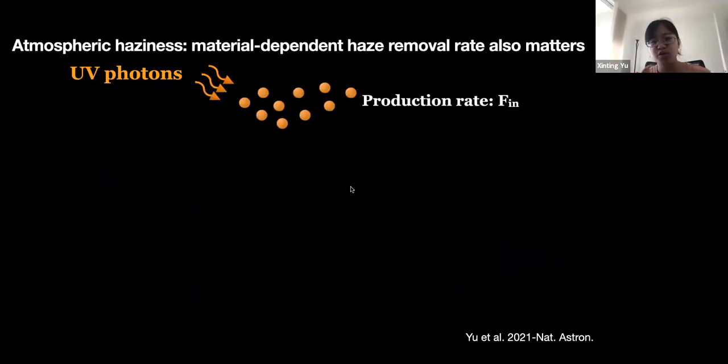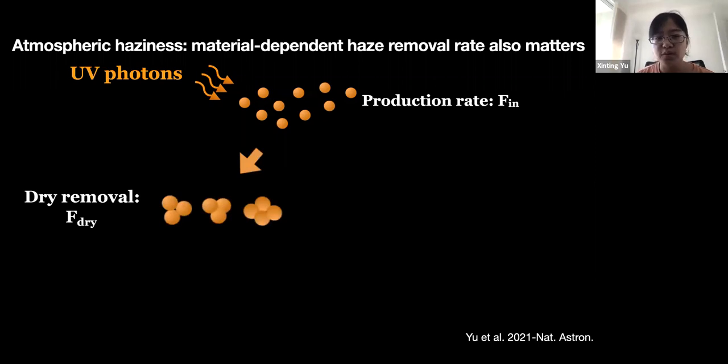So just imagine, we have photochemical hazes, gases irradiated by UV photons producing the hazes with some production rate. And then we have to remove them somehow. Otherwise, these things just accumulate in the atmosphere, right? So there are 2 ways to remove stuff. The first way is called dry removal. This is basically colliding the particles and forming bigger ones so they can be gravitationally settled to the deeper atmosphere or to a surface.